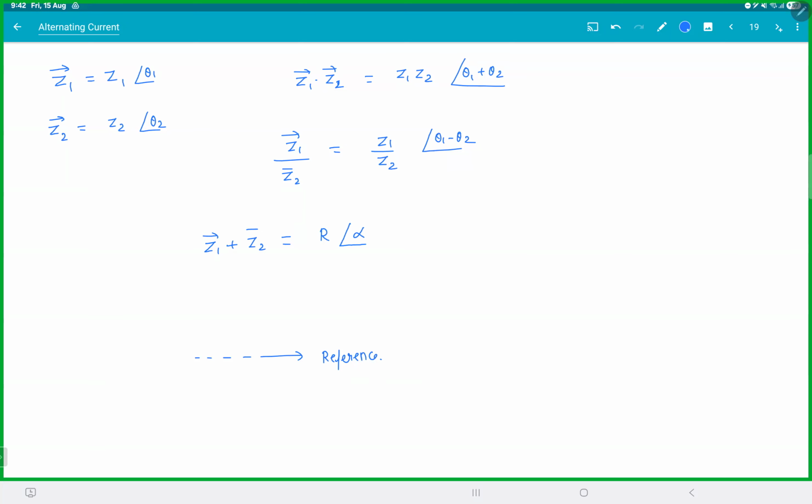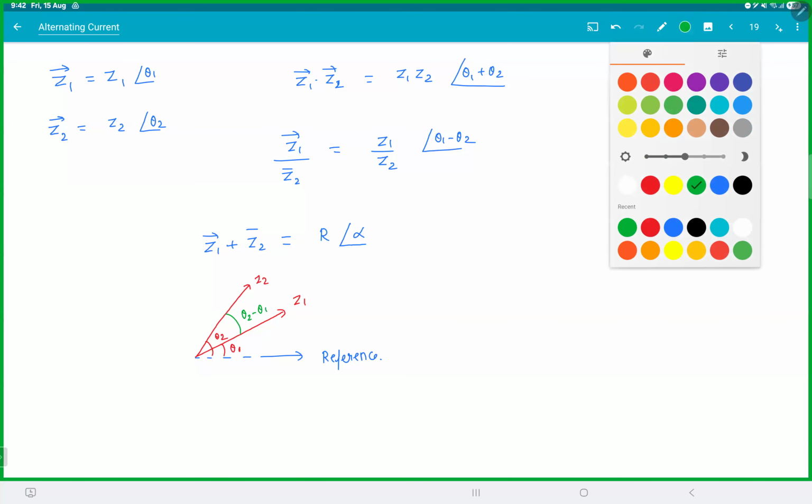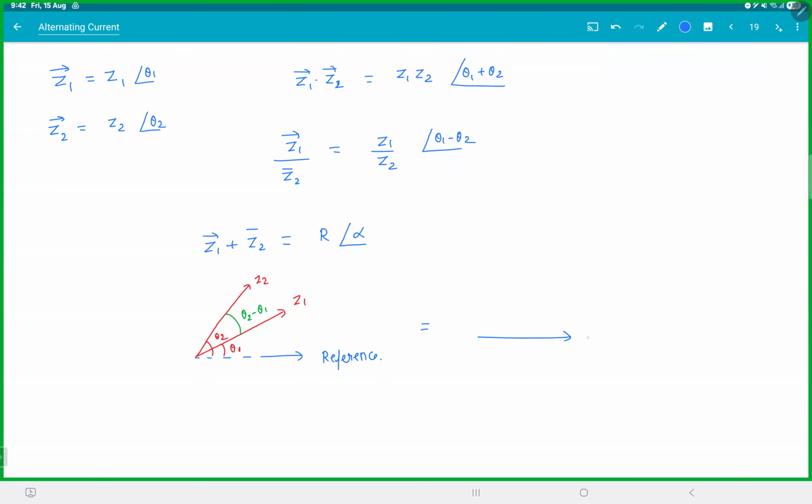So this is a reference. Z1 is making an angle theta 1. Z2 is making an angle theta 2. This angle will be theta 2 minus theta 1. So you can resolve this into components, Z1 cos theta 1, Z2 cos theta 2.